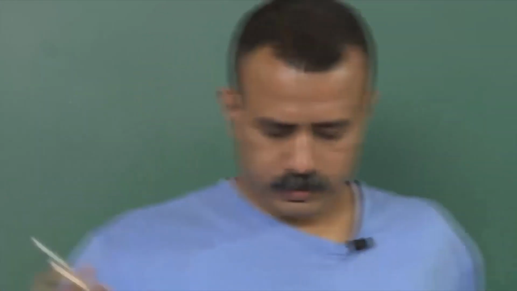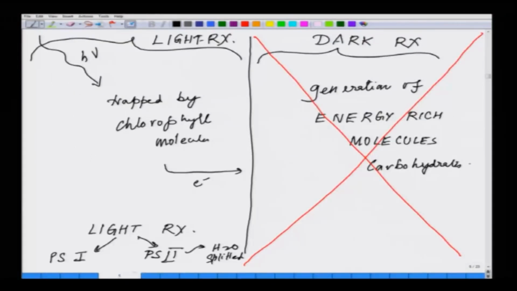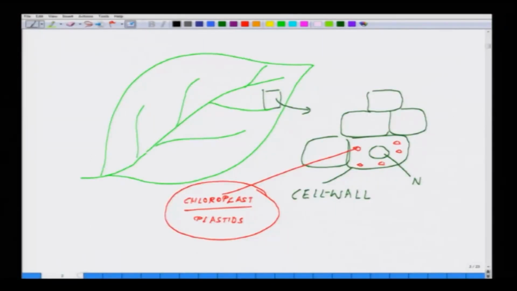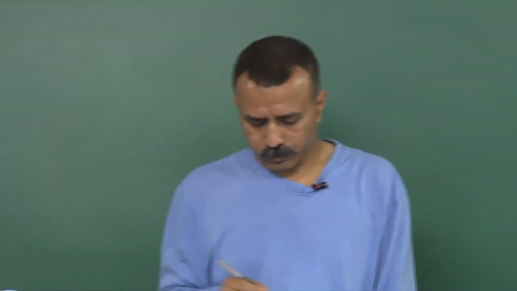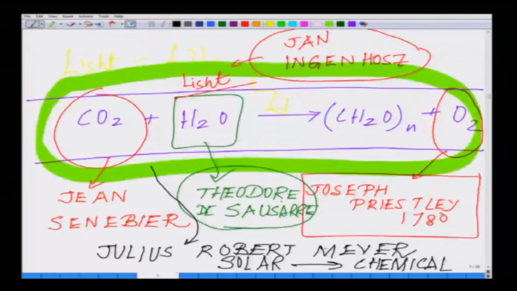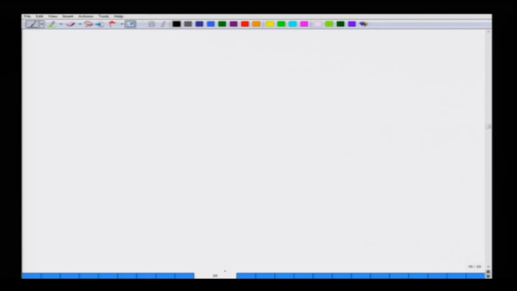So if you go back to the structure where we were, this is where the light is falling. You see this black, okay? And the first molecule which gets activated by it is chlorophyll. So now we'll talk about the structure of chlorophyll.